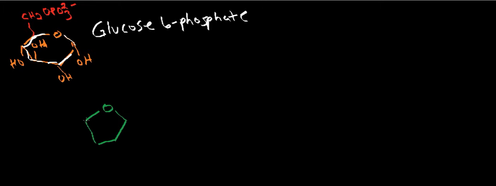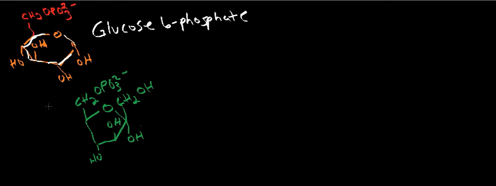We have our CH2OH, OH, and OH coming up, and an OH going down, and again you have a phosphate group still there, CH2OPO3 2-. Sorry for the clutter.